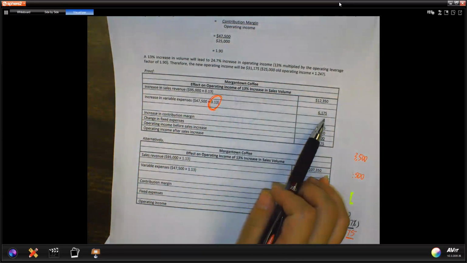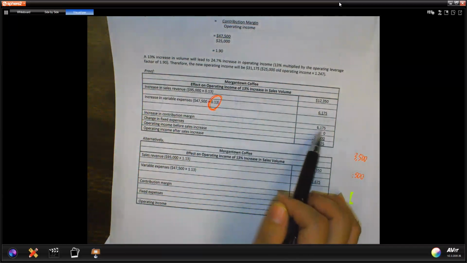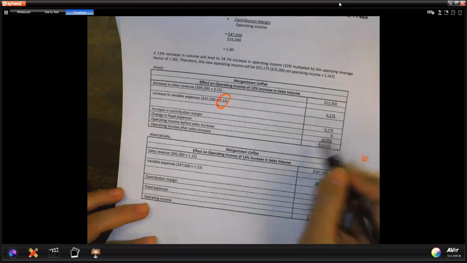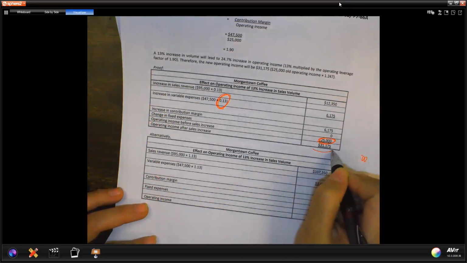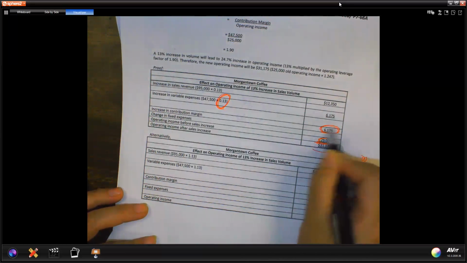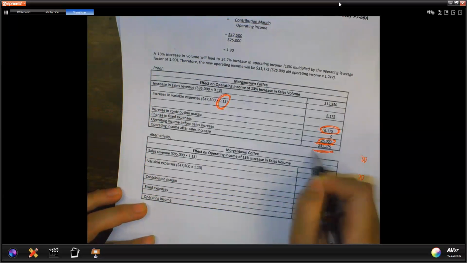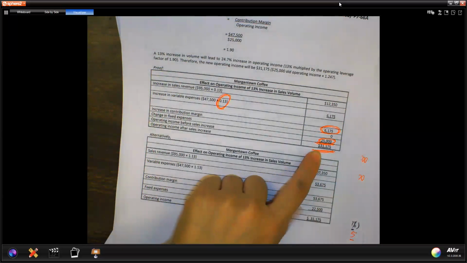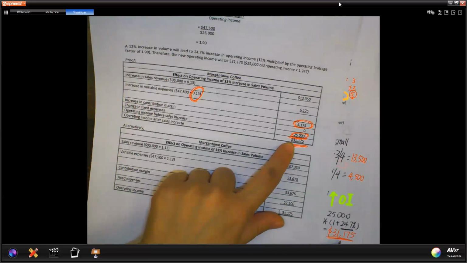So your variable cost is changed, and you get the change of your contribution margin. Your income is changed by 6,175. This is your old operating income of 25,000, and if you add that, you will get your new operating income, which is 31,175.